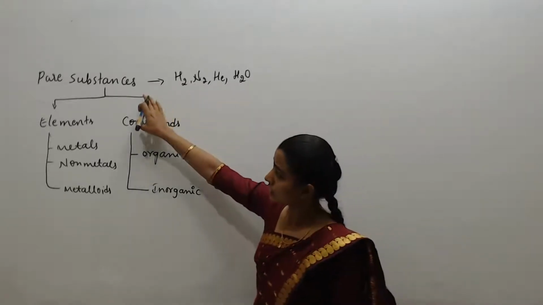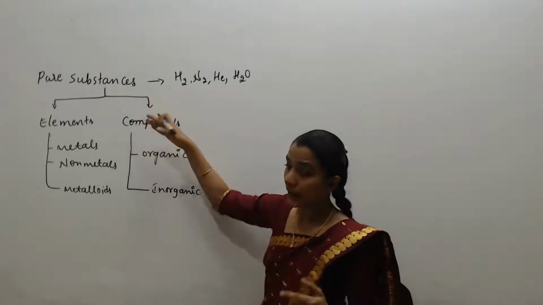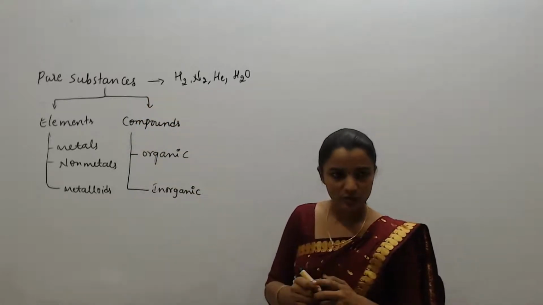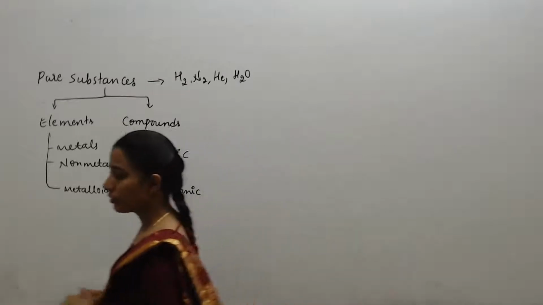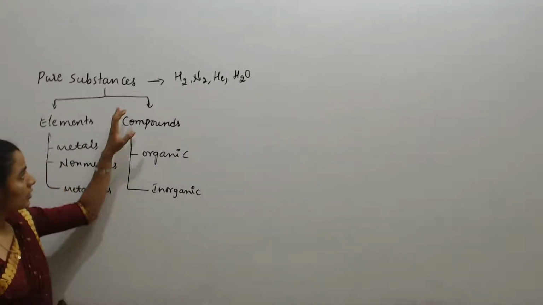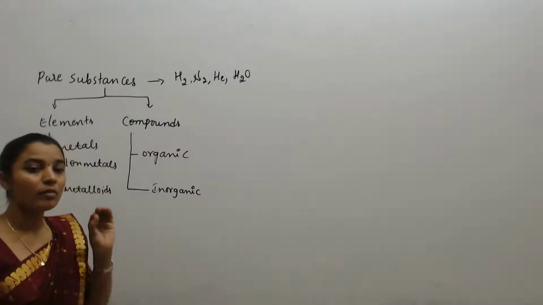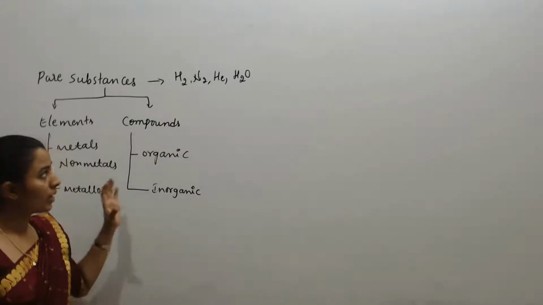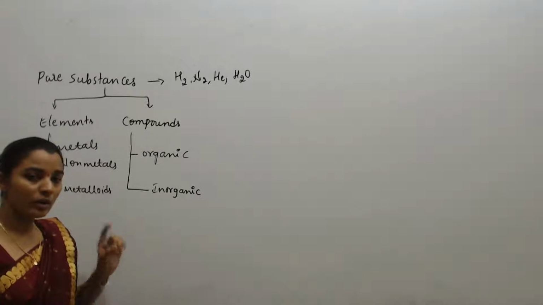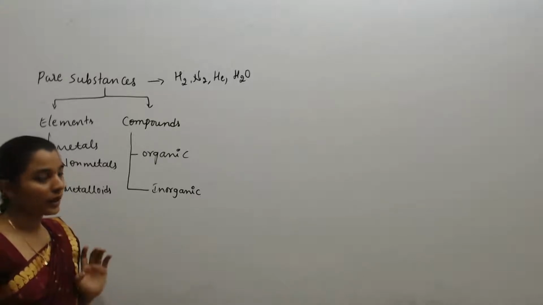Okay, so these pure substances, again elements can be classified into different types, I will say. So before that I will explain students, the pure substances are made up of only one type of atom or a molecule. It may be an atom, it may be a molecule, but it is of only one type.